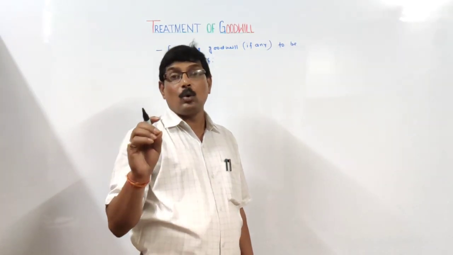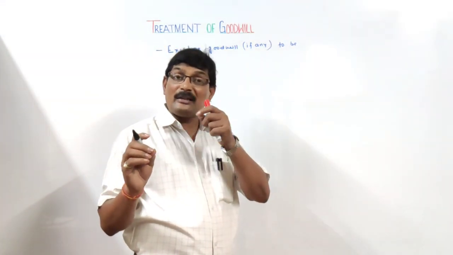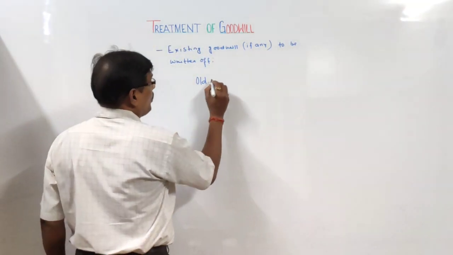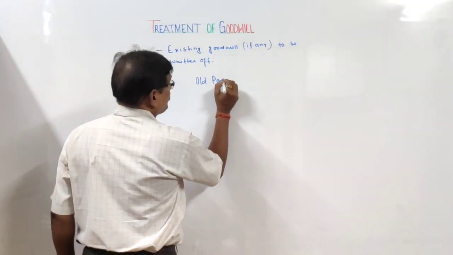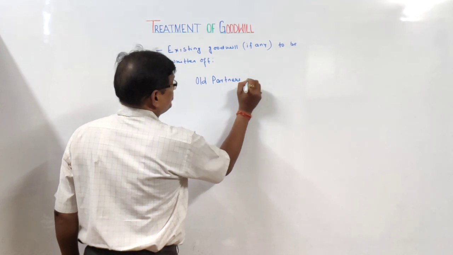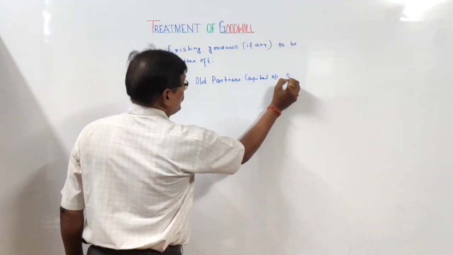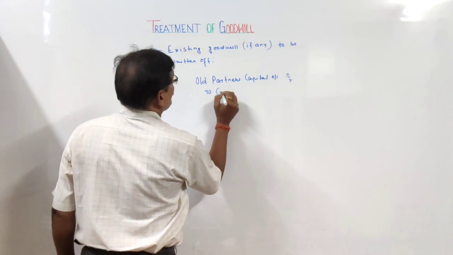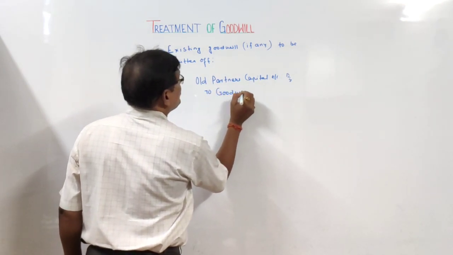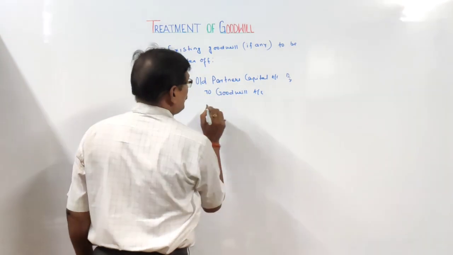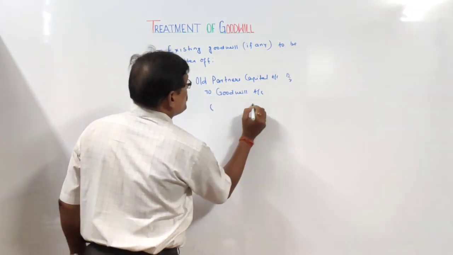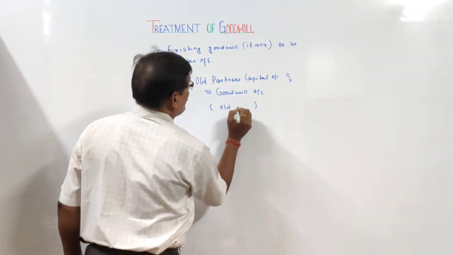When I am saying old partners, it means including the retiring partner. The entry will be old partners' capital accounts debit to goodwill account in the old ratio. That is very important. You should remember it.